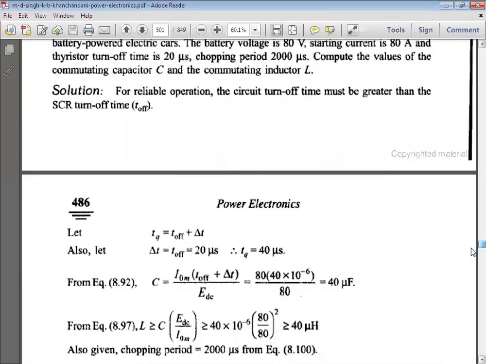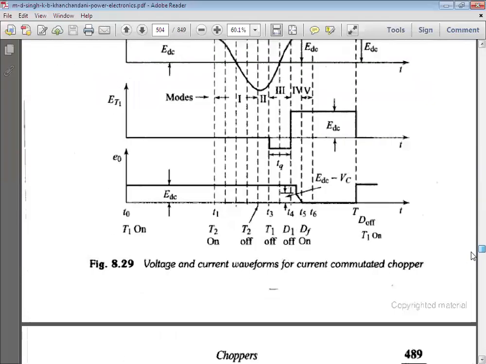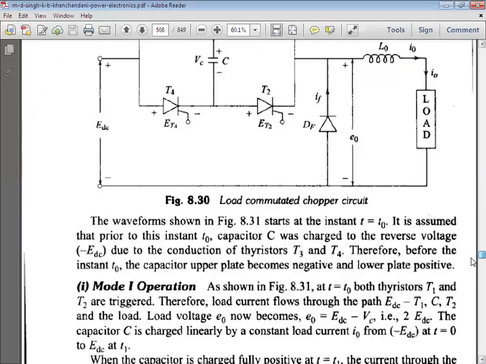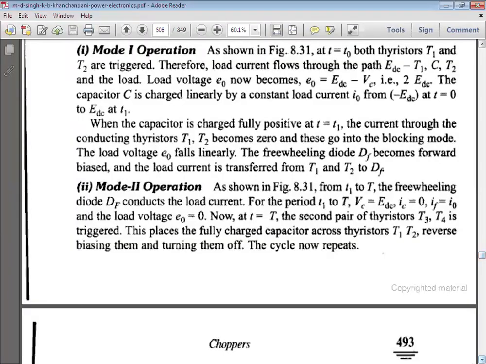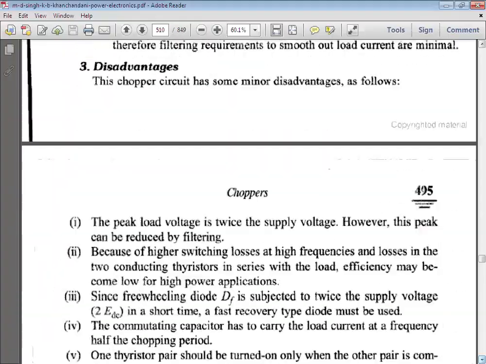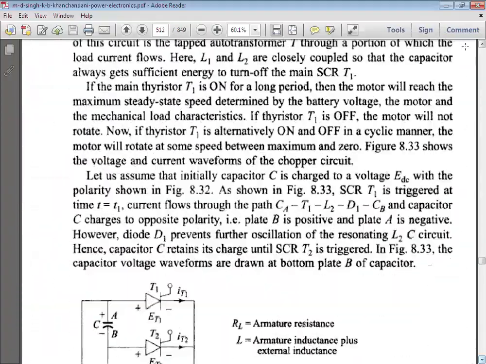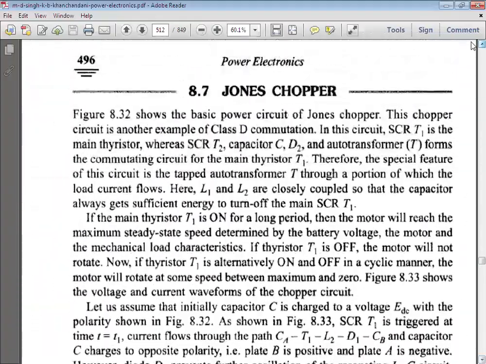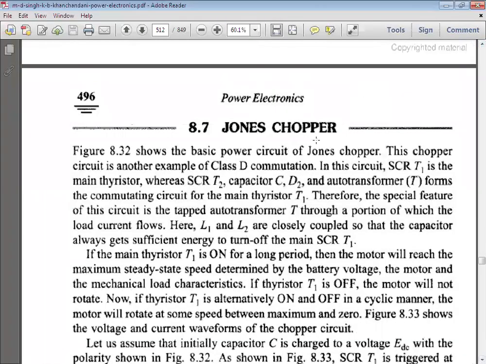Now all the next points are not in your syllabus. Directly we are jumping to the last point of your syllabus, that is Jones chopper. These are the two applications of the chopper.